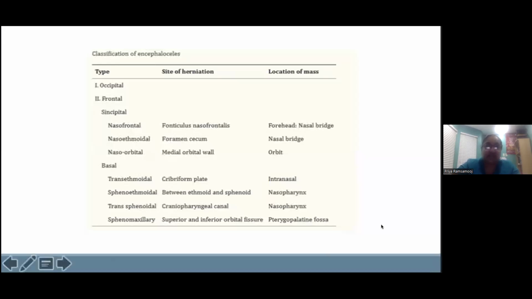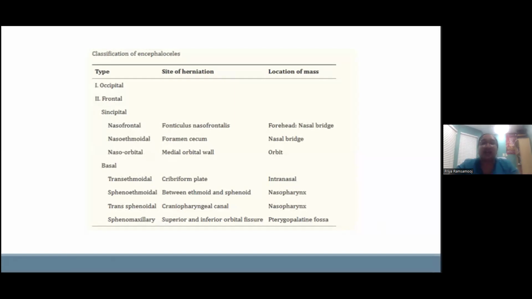So this table is really just showing the classification of the encephaloceles in terms of your occipital, your frontal, sincipital, and basal. And in essence, these are telling you the sites of the herniation and the location of the mass that you would see. Now, even though I outlined some of the risk factors, the exact mechanism for developing an encephalocele has not really been identified, but there are several theories.